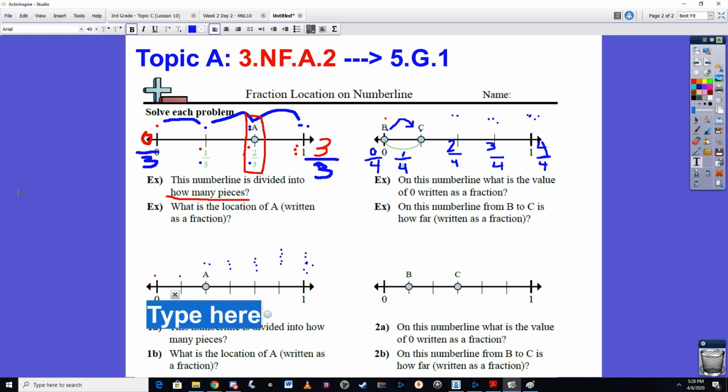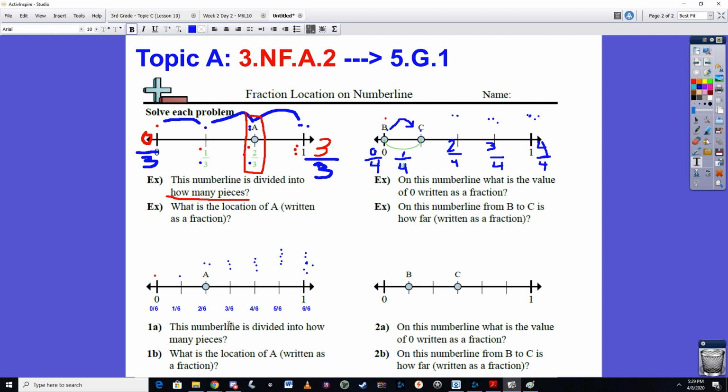So this has to be 0/6, 1/6, 2/6, 3/6, 4/6, 5/6, 6/6. That's how that works.